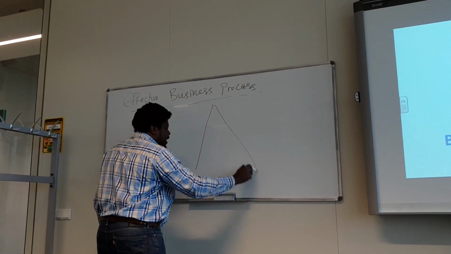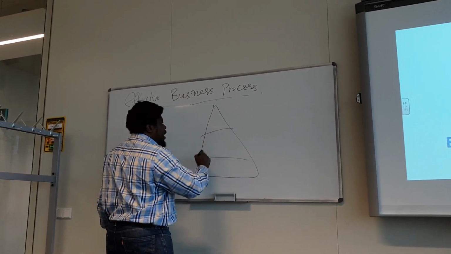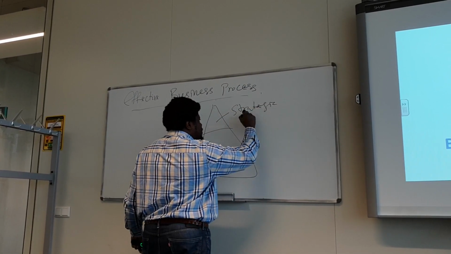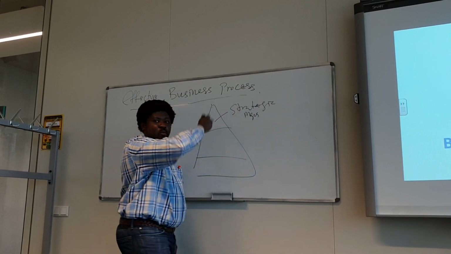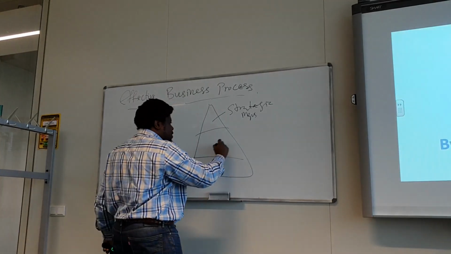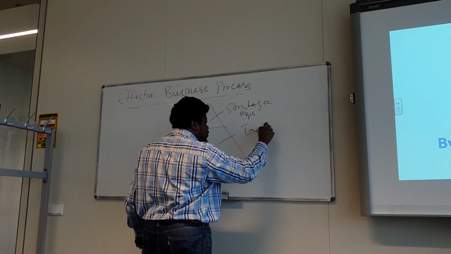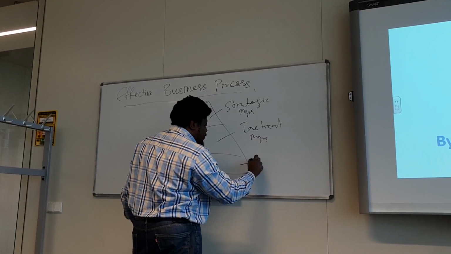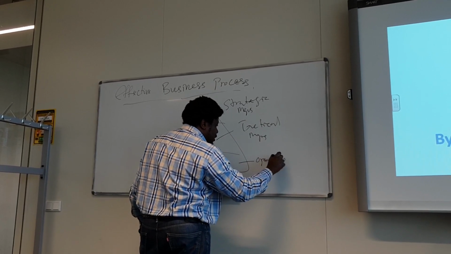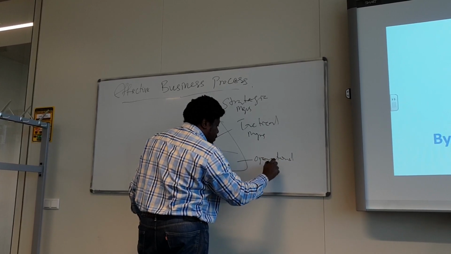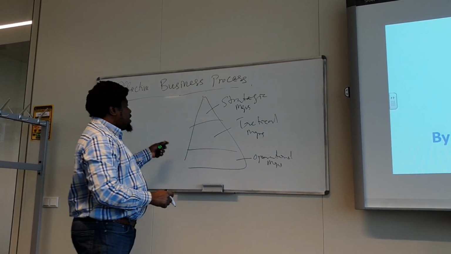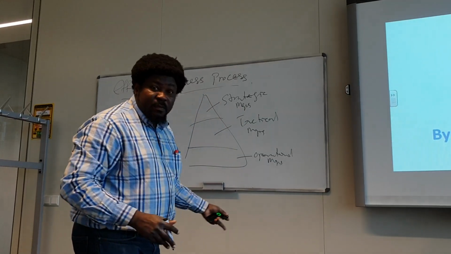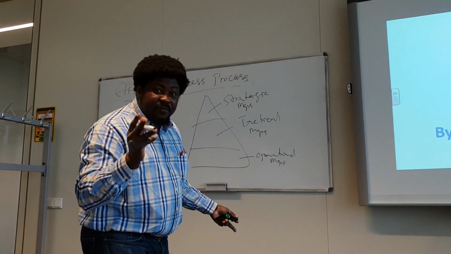You know the managerial ladder. At the top, we have the strategic managers, the most senior managers. In the middle, we have the tactical managers, the middle managers, and below we have the operational managers.